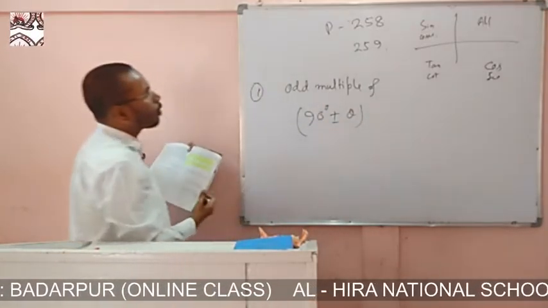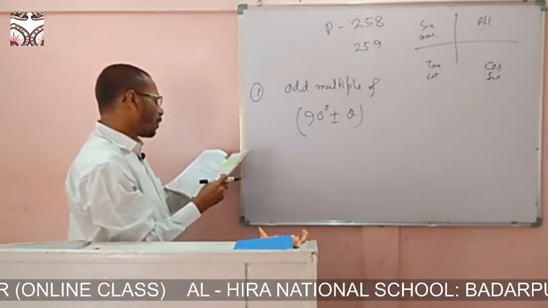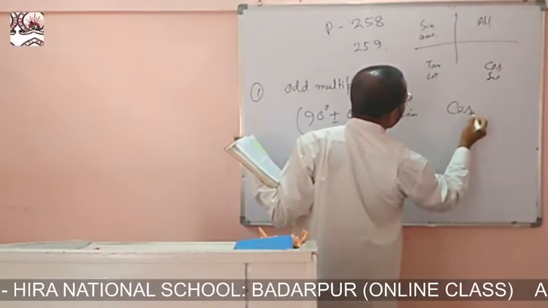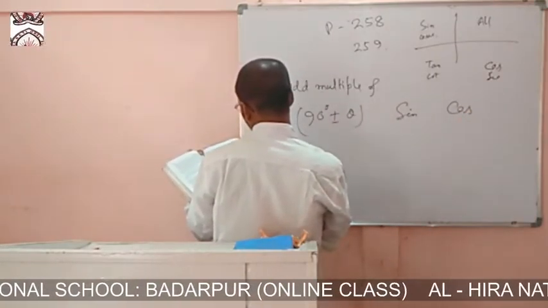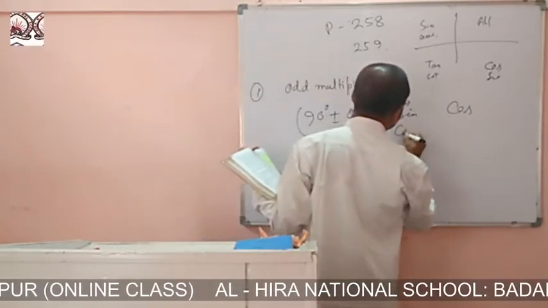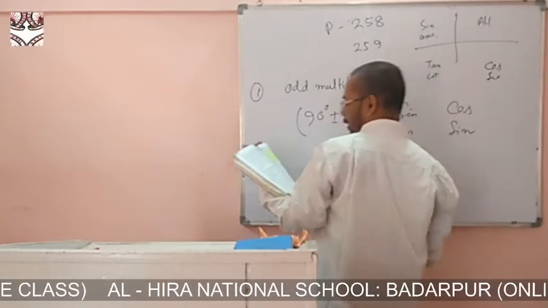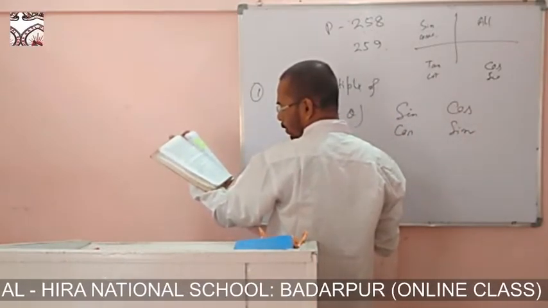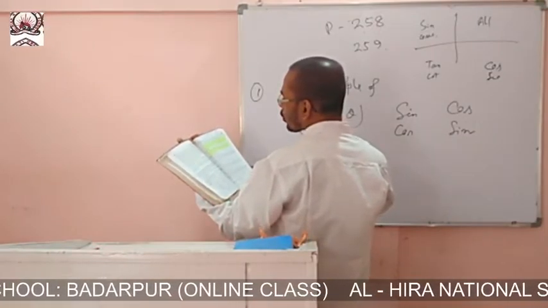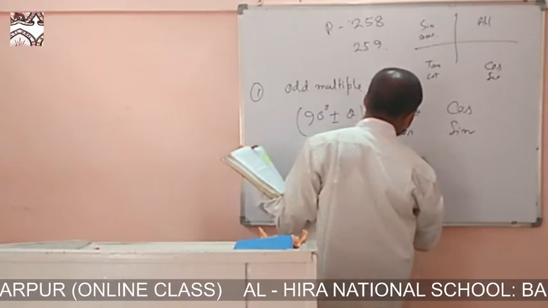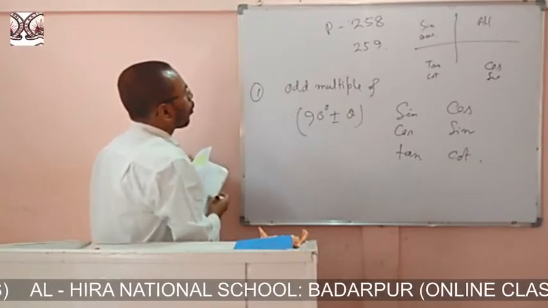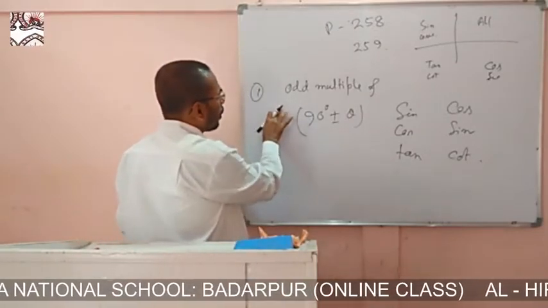Number one, odd multiple of 90 plus minus theta, then sine will become cos, cos will become sine, and tan will become cot. If this is an odd multiple, number one, this is the most important in this chapter.